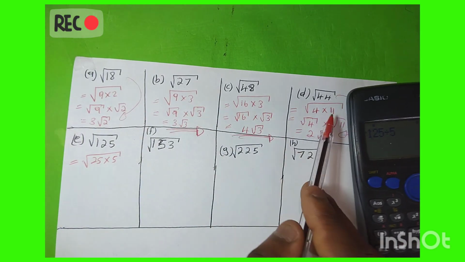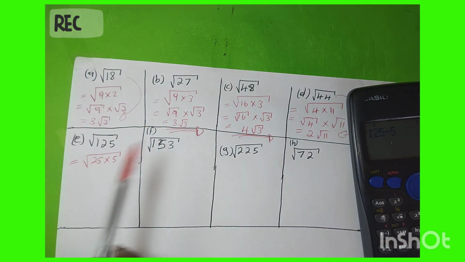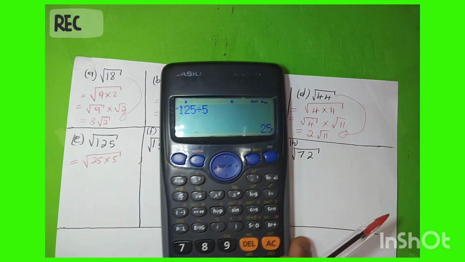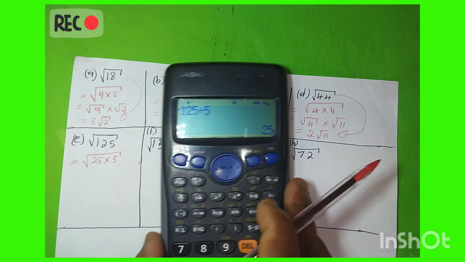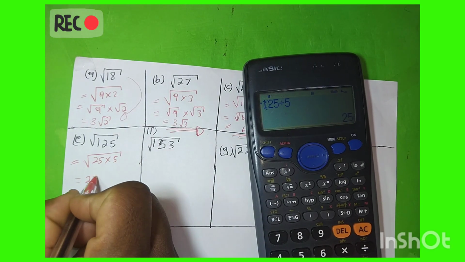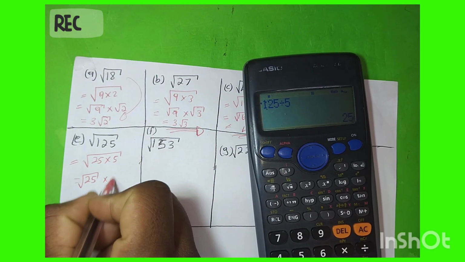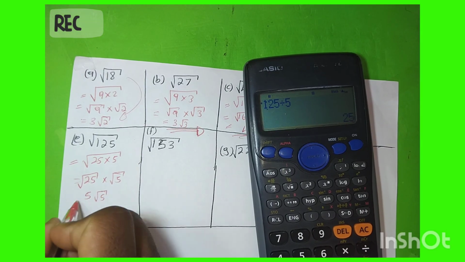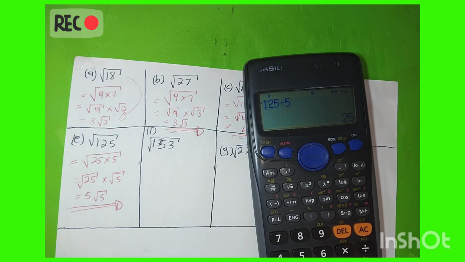It's better to start with a perfect square, which is 25 there, and I can write this as the square root of 25 times the square root of 5, just like that. That's the final answer.